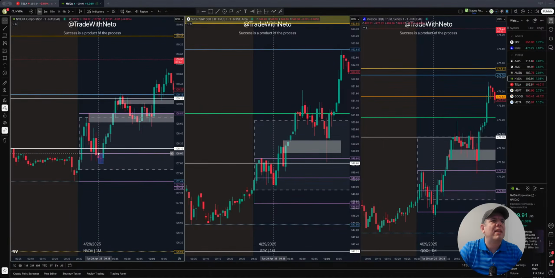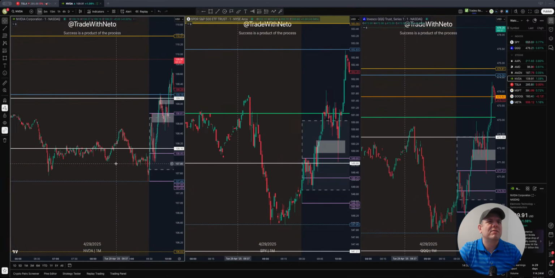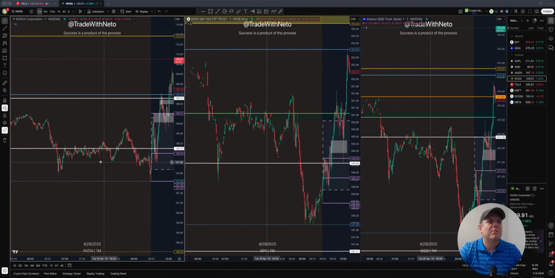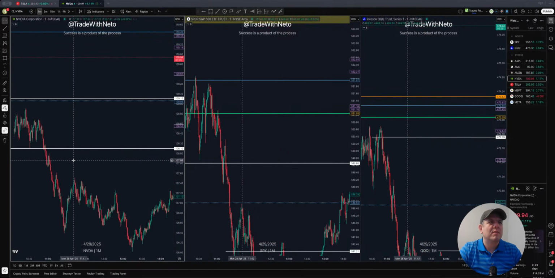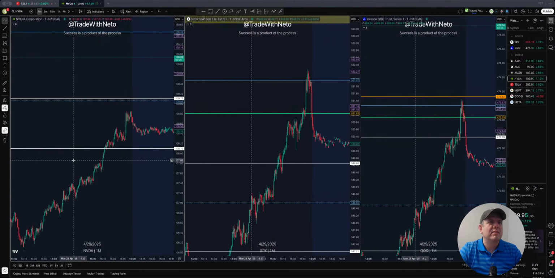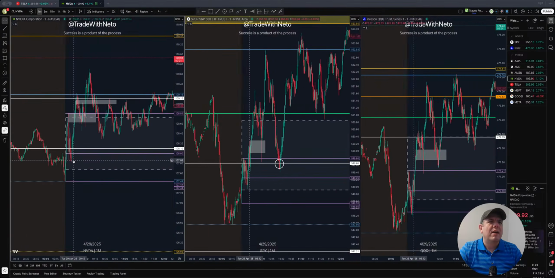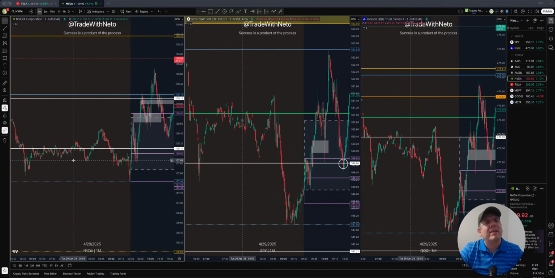However, these last two were below that, and there's some consolidation here on the pre-market. I didn't have any key level there.